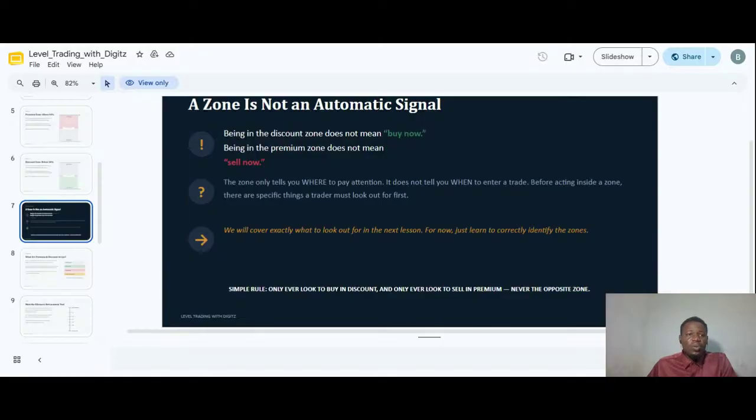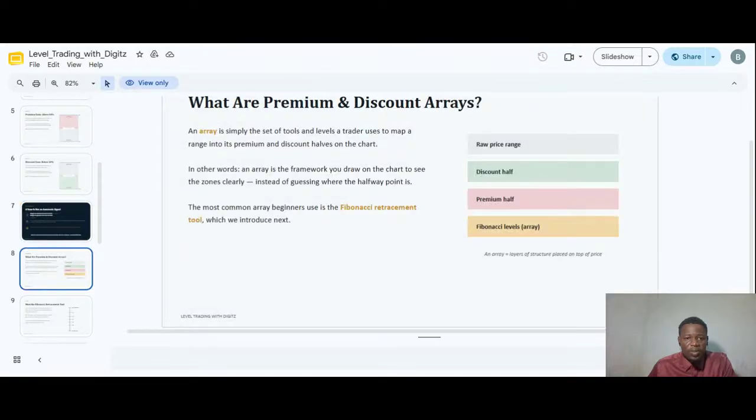So the next thing I want you to know is, the next part of the slide. Hope you're with me. Then the next part of the slide is we have an array.